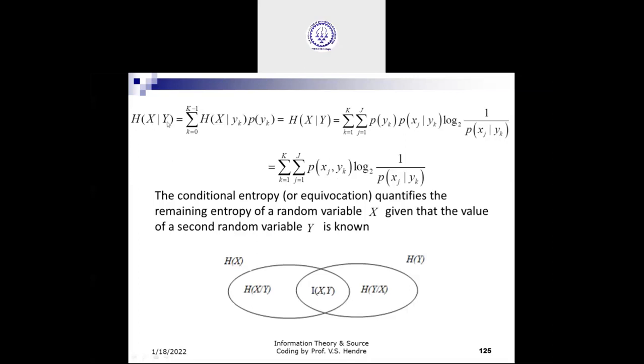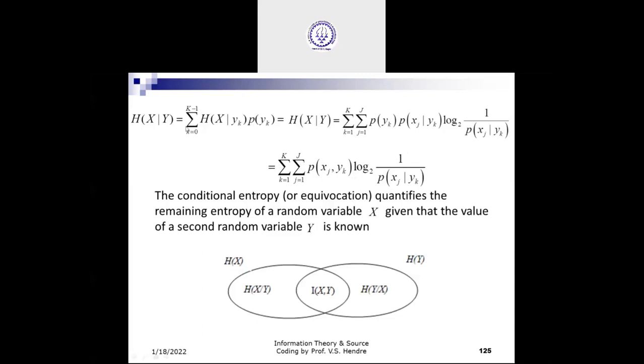Therefore, the formula that I am generating for H of x given y will be summation k is equal to 1 to k, j is equal to 1 to j, p of xj comma yk log of 1 upon p of xj given yk to the base 2. Please note down this formula for H of x given y.